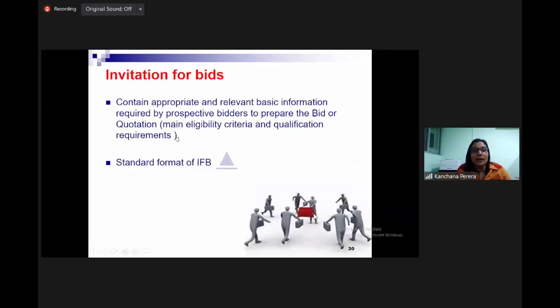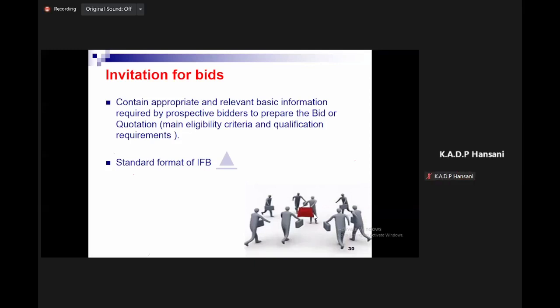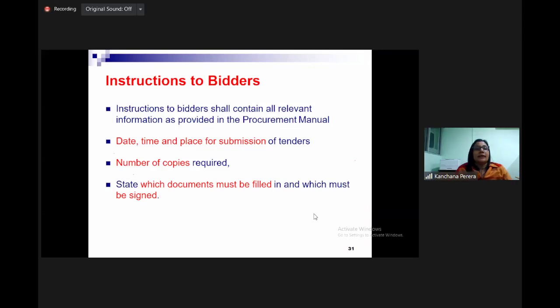So this is one of the important parts in a bid document. Now, can you see my slides again? Yes, ma'am. Thank you. Then we have instructions to bidders. Instructions to bidders shall contain all relevant information as provided in the procurement manual.